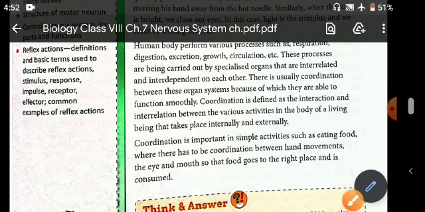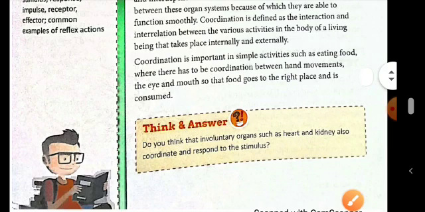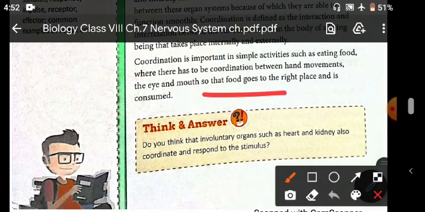Coordination is important in simple activities such as eating, where there must be coordination between the movements of the eyes, hands and mouth so that food goes to the right place and is consumed. If there is no coordination, your food will not move to the right place.